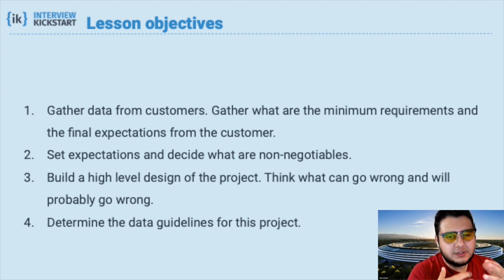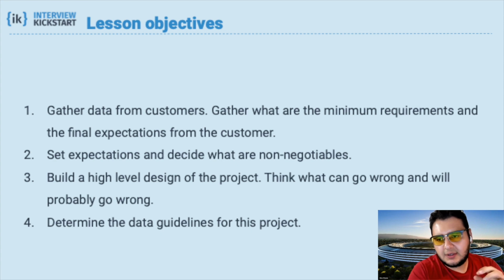Some customers will be a little bit more pliable, more flexible as to what exactly they're asking for. That's ideal, but it doesn't always happen. You have to figure out what the non-negotiables are, and you also have to set clear expectations. Just because they want something doesn't mean we can provide it.